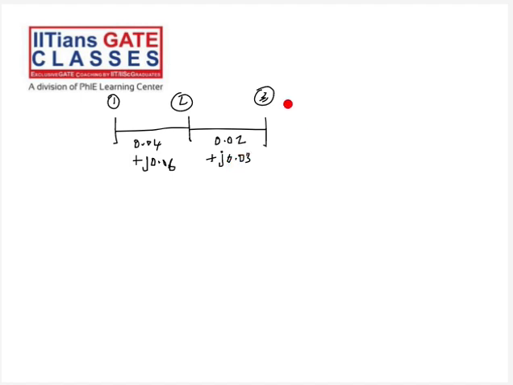So we are given the per unit impedances of the lines, right? We are ignoring the shunt susceptance.